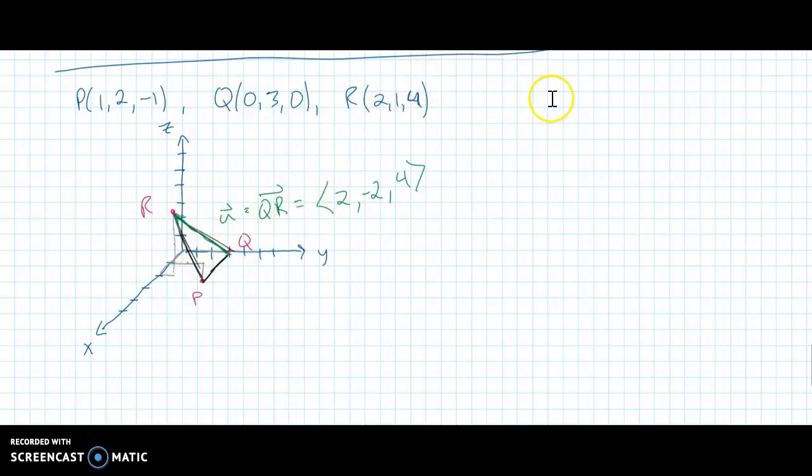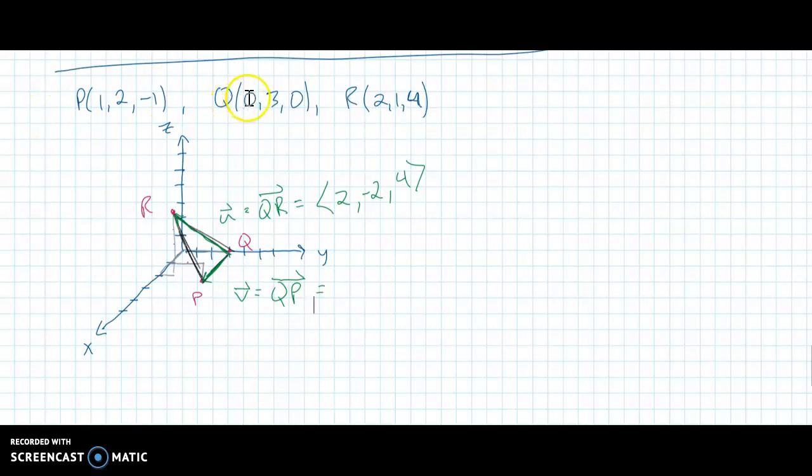The next thing I'm going to do is let this vector here be V. V is going to be Q out to P. You could choose any combination of vectors from one point to another as long as they're two distinct vectors, and this would work and give us the same equation.